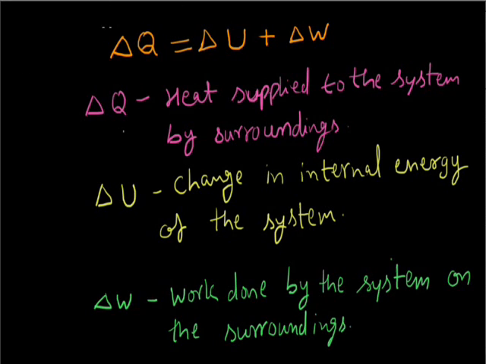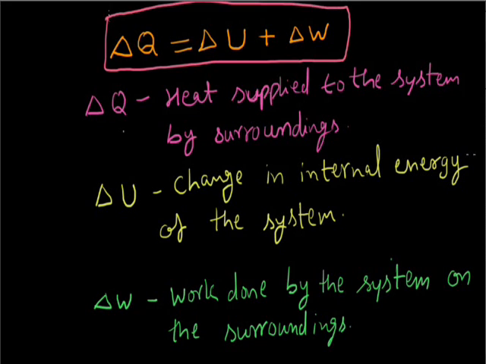So in this given relationship, we need to understand that heat supplied to the system by the surroundings will be equal to the change in internal energy of the system plus work done by the system on the surroundings.